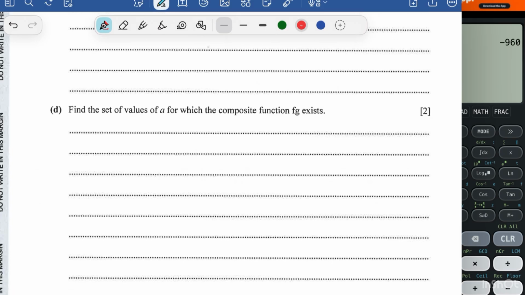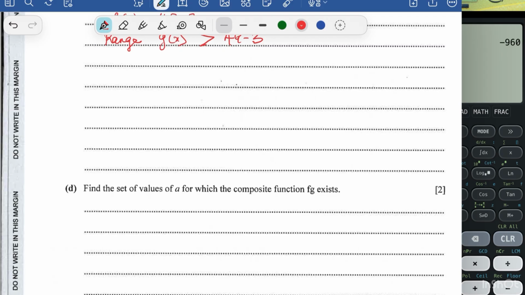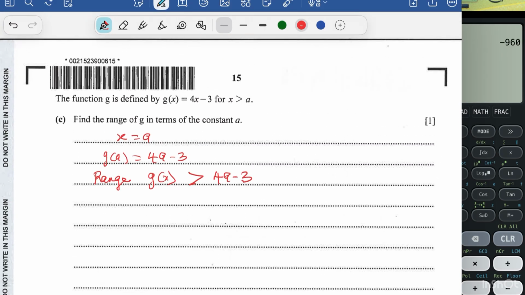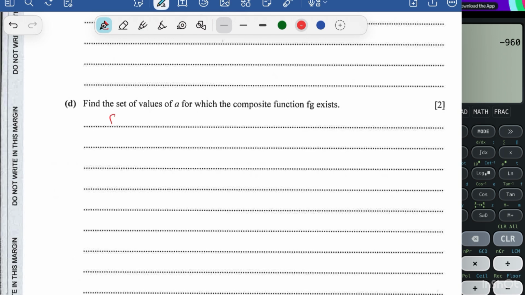Yeah, this was the question I saw that was a little bit challenging. Find the set of values of a for which the composite function f of g exists. We know that for f of g to exist, it must satisfy f of x for x greater than 2.